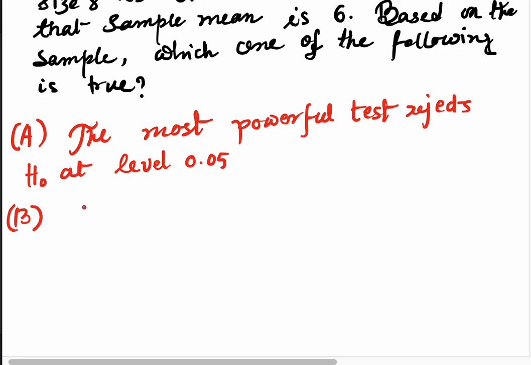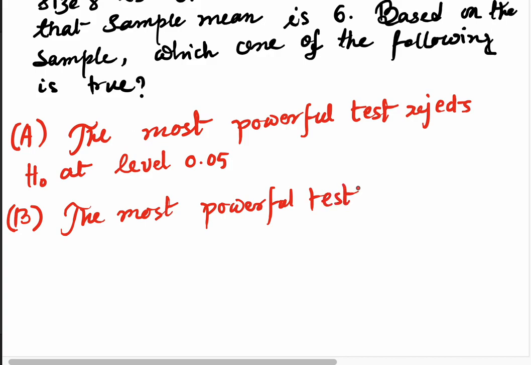B, the most powerful test rejects H0 at level 0.1.